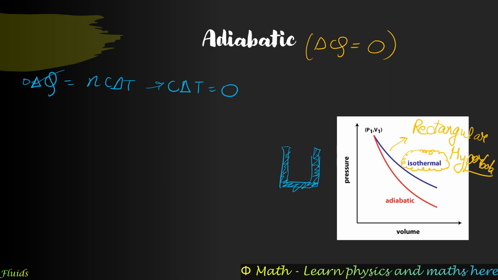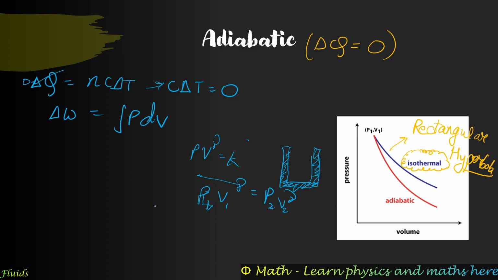Okay, so work done for this, delta W is equal to the integration of PdV, and using PV to the power gamma is equal to constant, where gamma is some constant. Okay, so K is also some constant. We can say from here that P1 V1 to the power gamma is equal to P2 V2 to the power gamma.